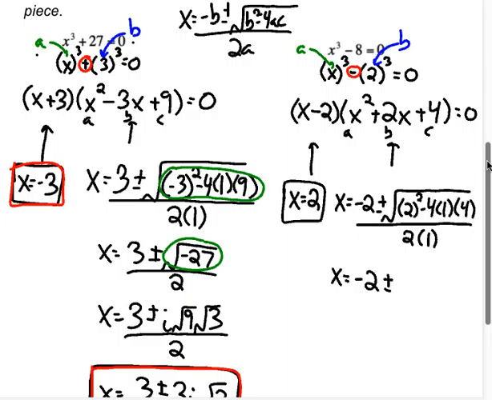And as always, I told you, simplify this piece first. 2 squared minus 4 times 1 times 4. If you type that into your calculator, that should become a negative 12. And hopefully it makes sense to you that that is a negative number, because that's the only way you're going to get imaginary solutions out of this.